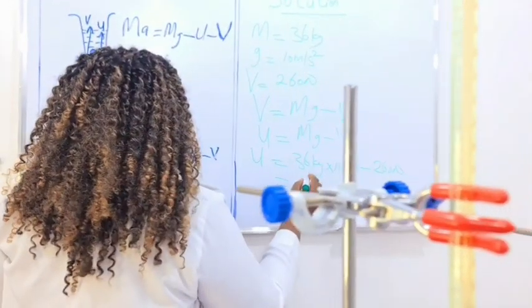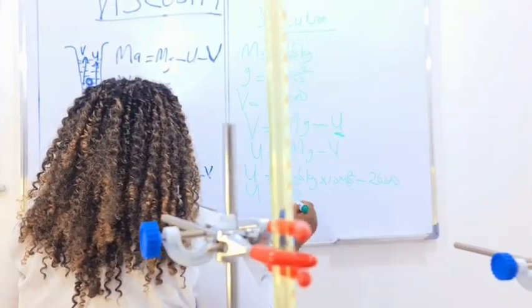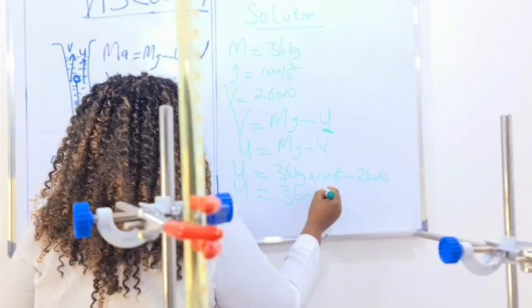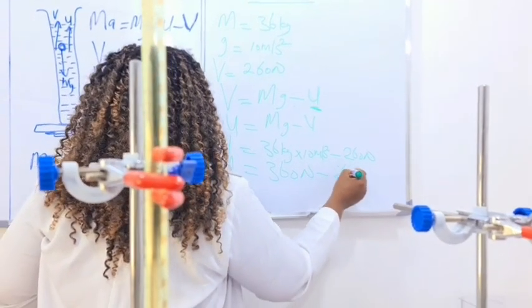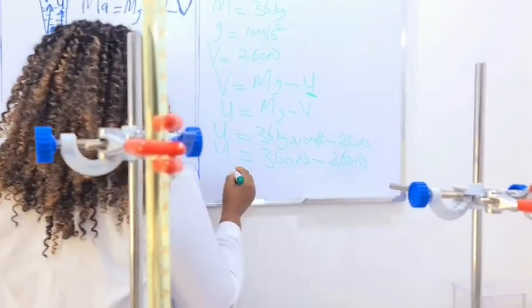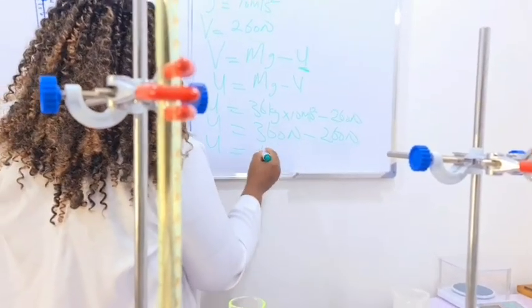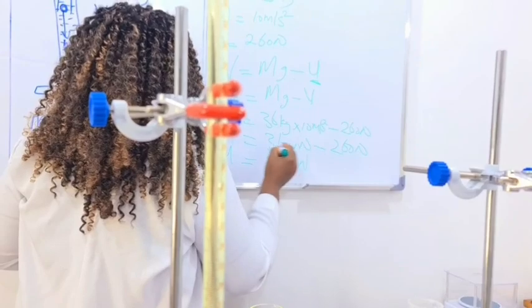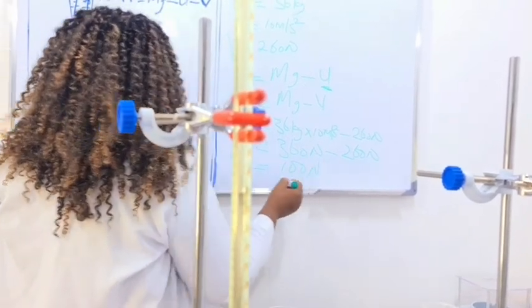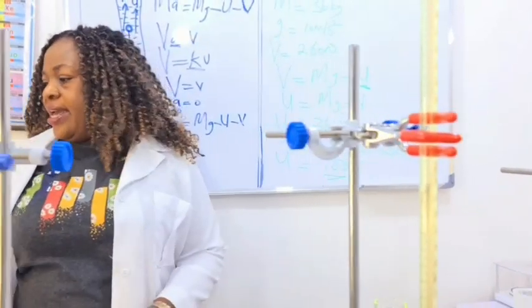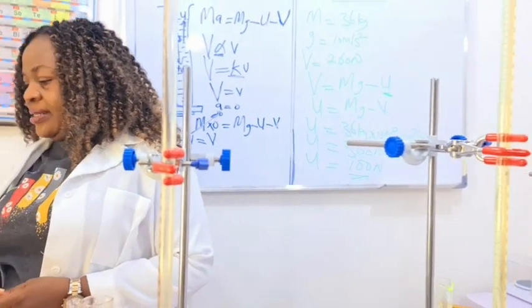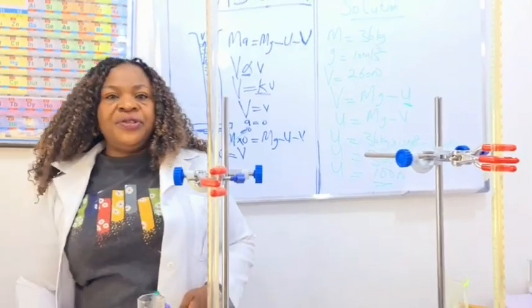So here we have that U is 360 Newton minus 260 Newton, and this U is equal to 100 Newton. So the answer is A, 100 Newton.